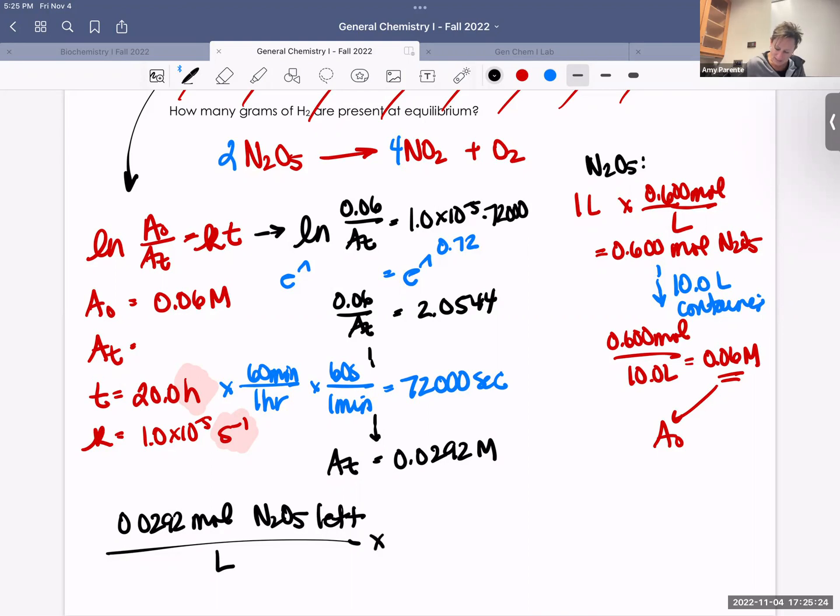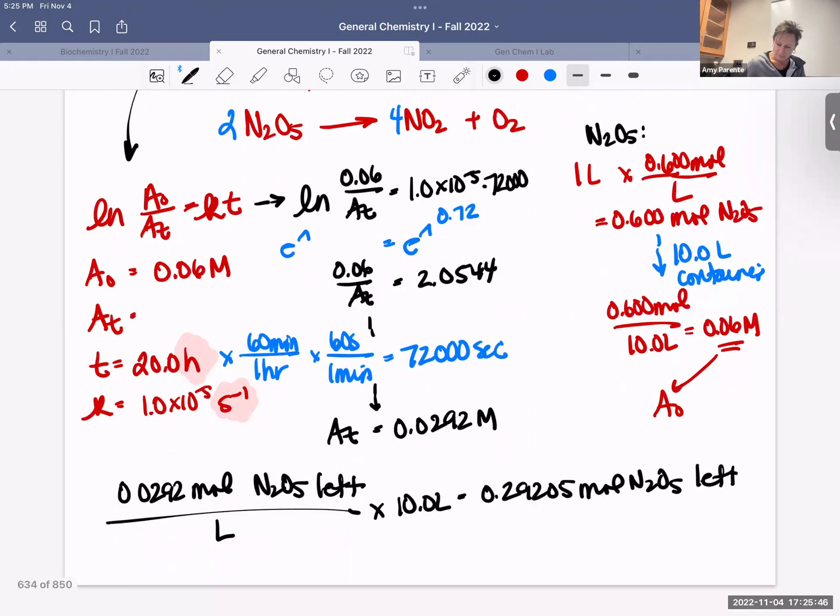I know that it's contained in 10 liters. So that tells me that I've got 0.29205 moles of N2O5 that are left. With me?